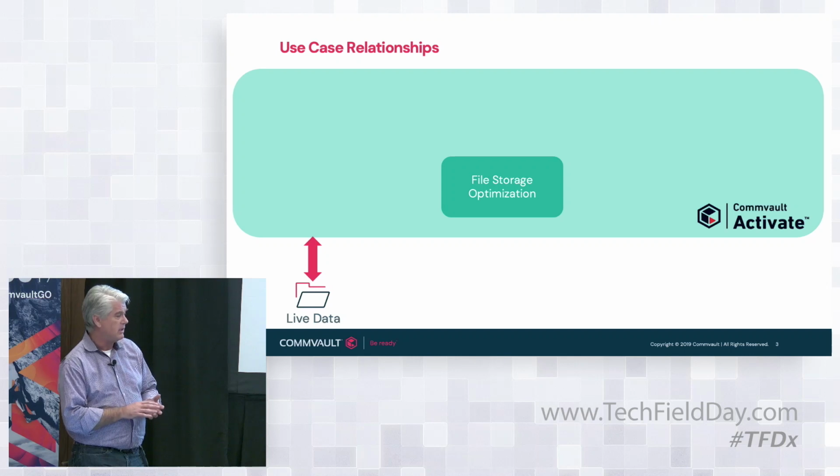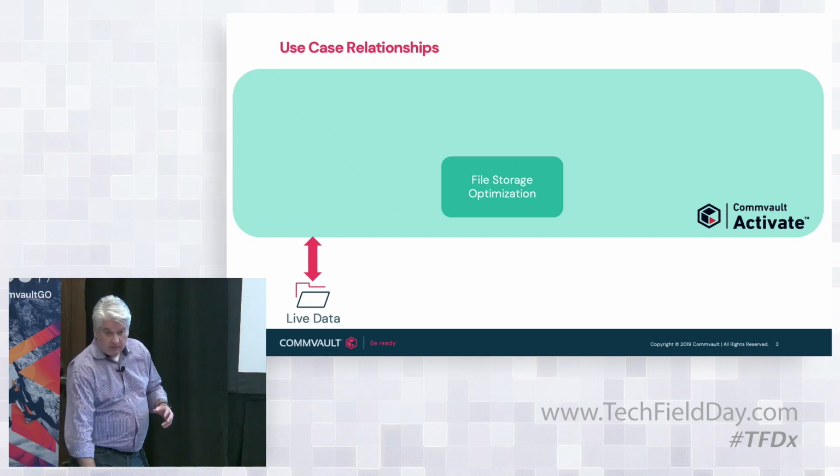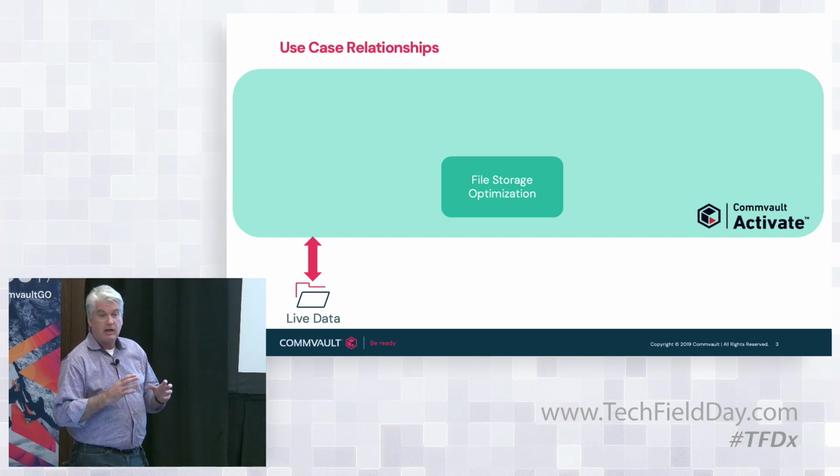And often what we're seeing is customers are really interested first in taking a look at file storage optimization, because generally they can get in and conceptualize, hey, I have the potential to create a lot of savings by identifying areas where I could reduce my volumes, or they've got an idea of, hey, we don't have a data protection strategy for everything in our environment.